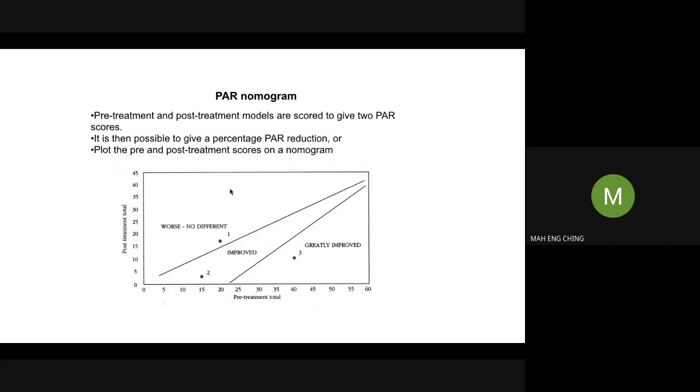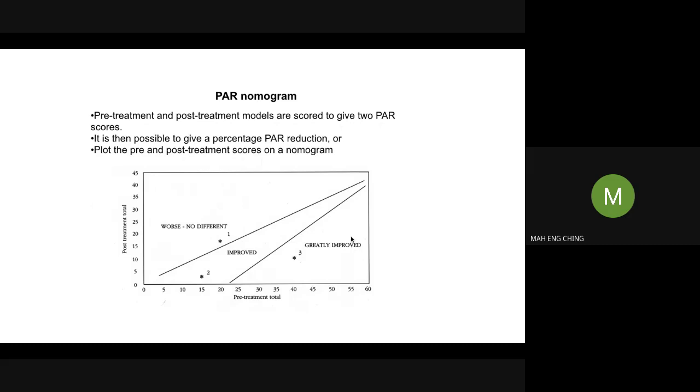So this diagram just summarizes what we said just now. Pre-treatment and post-treatment models are scored to give two PAR scores. So it's then possible to give the percentage of PAR score reduction, or you plot the pre and post scores on the nomogram. This one is the post-treatment total, and this one is the pre-treatment total. Like I said before, you have to score the patients before treatment. So let's say I have a patient with a score of 55 at the beginning.